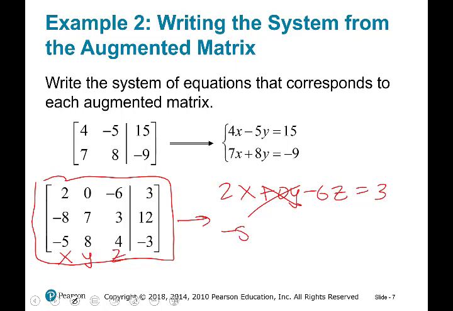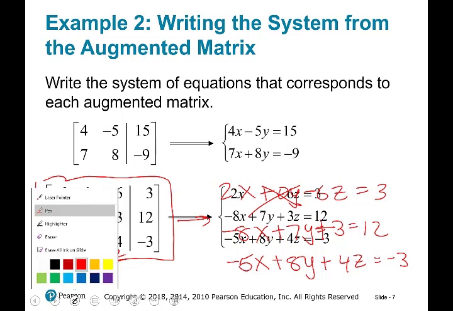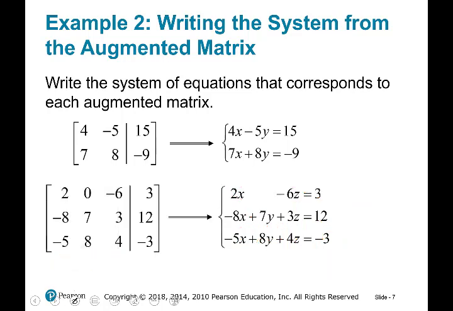Minus ax plus 7y plus 3z equal to 12. And the third one, minus 5x plus ay plus 4z equal to minus 3. So here we have that system.